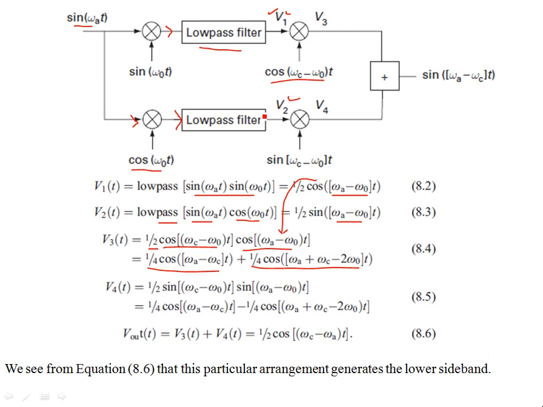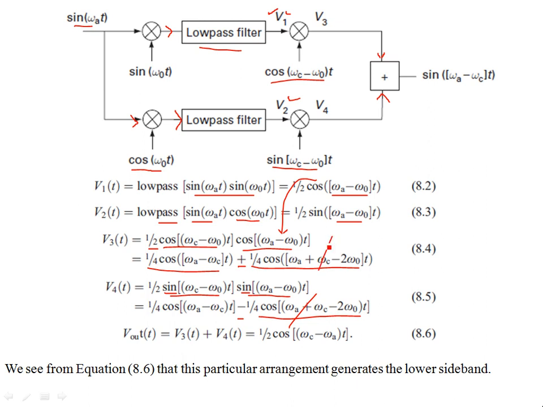Similarly, if you multiply sine omega c minus omega naught for the lower mixer over here, by sine omega A minus omega naught, then again you have a high frequency output at 2 omega naught, but look at the sign. These are two sine functions, right? So this is plus, this is minus, and if you add V3 and V4 over here, the high frequency components simply cancel out, right?